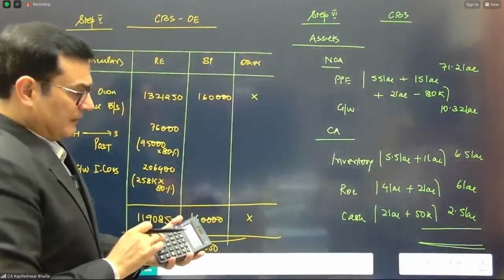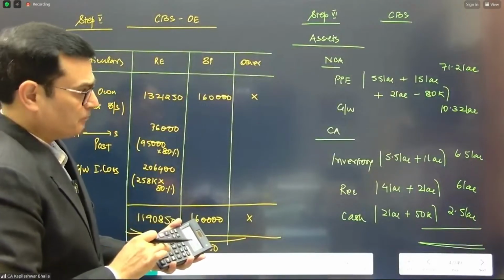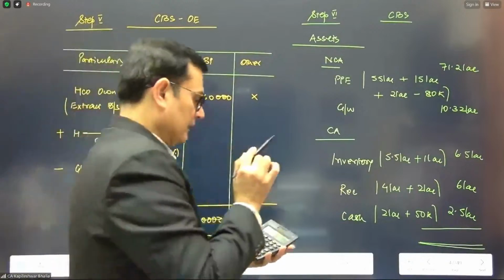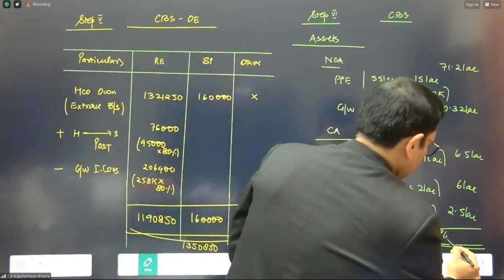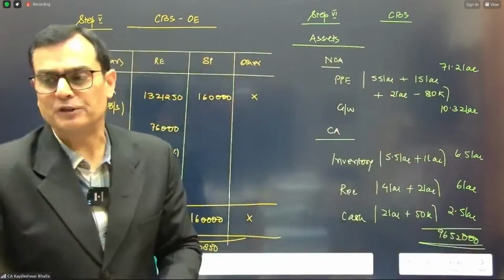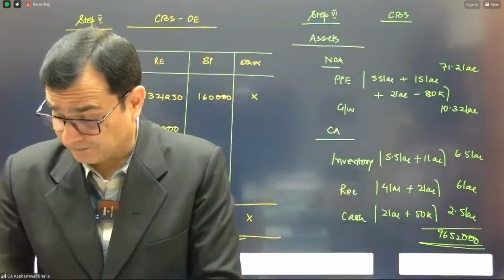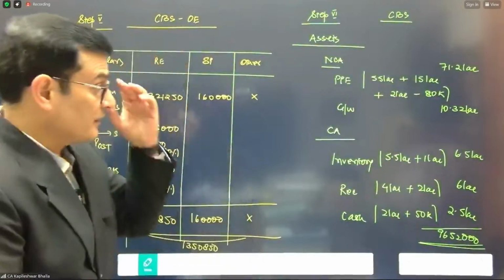So 71 lakh 20 plus 10 lakh 32 plus 6 lakh 50 plus another 8 lakh 50. That works out at 96 lakh 52,000, the total of the balance sheet. Okay, so this takes care of the asset side of the balance sheet. 96 lakh 52,000 is the total.